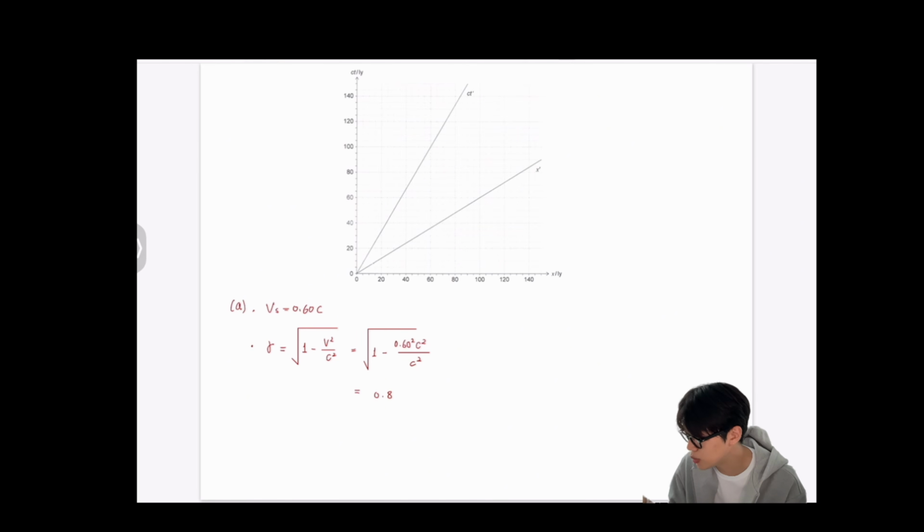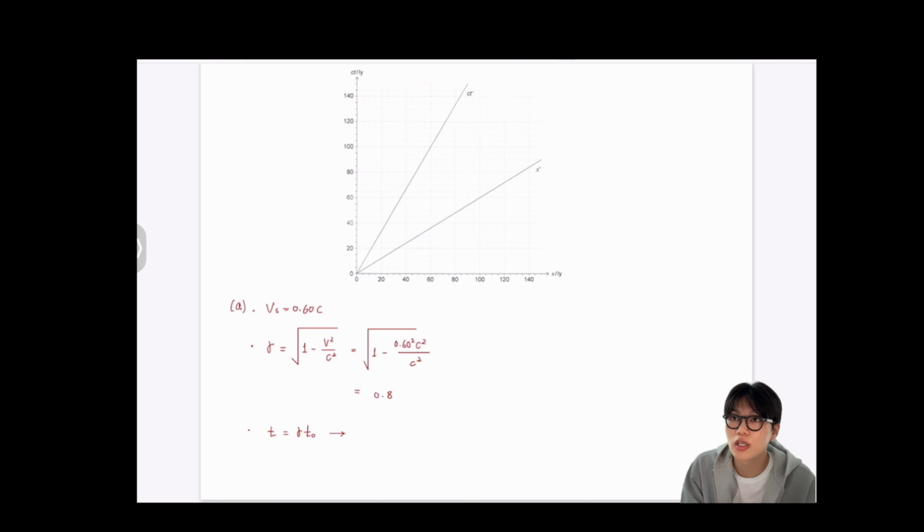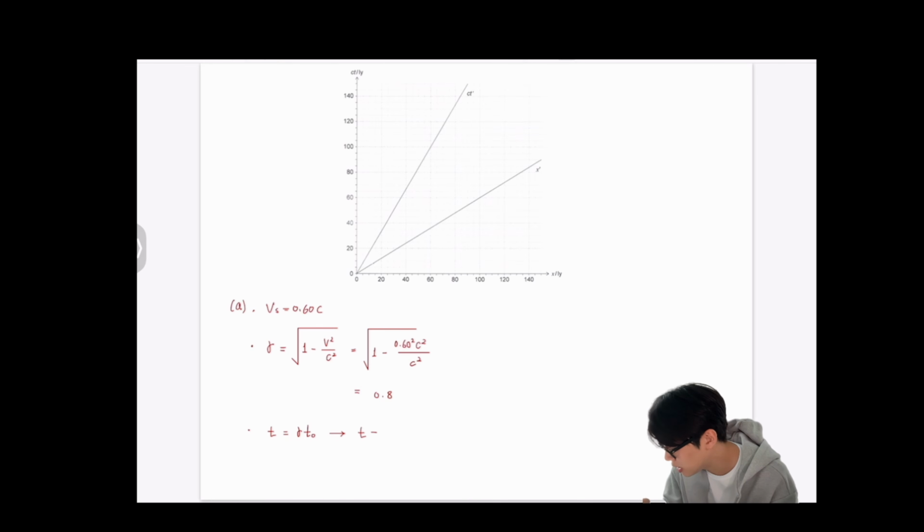Now we have to see what the time change is between the two frames. If you only compare two frames, you can use time dilation, okay? So t is equal to gamma t0. And they said it takes about 50 years according to the stationary frame, which means we can say t is equal to gamma, which is 0.8, times 50 years.